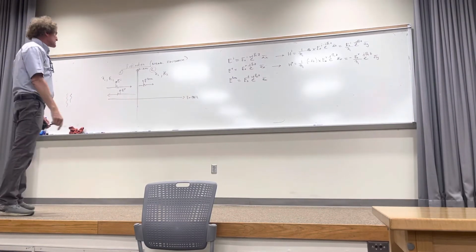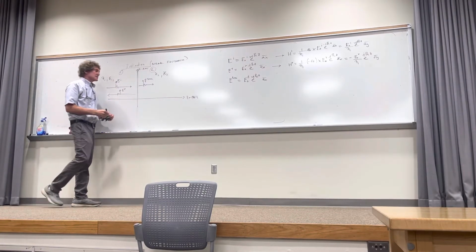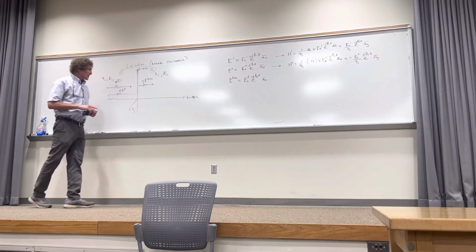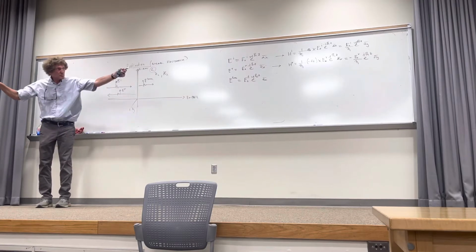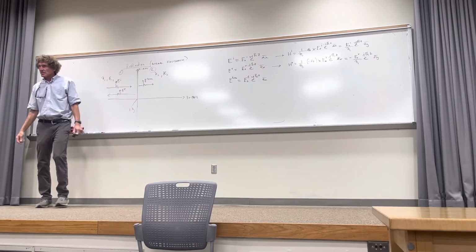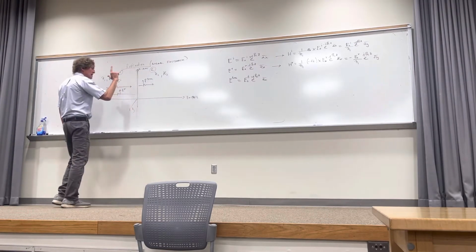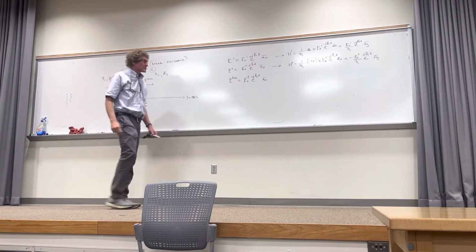So if you work this, for the incident field here, that's X, so Y would be coming out of the board here, and if you look at this, you got E crossed H, which is positive there, right? Direction of propagation, easy, you're right. Here, for the reflected wave, I've got E crossed into H, H is minus, right? Is going to be in the minus direction, it works.